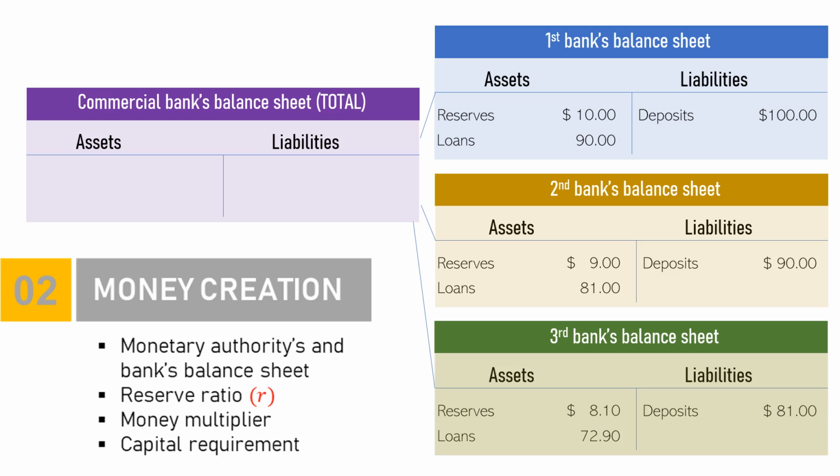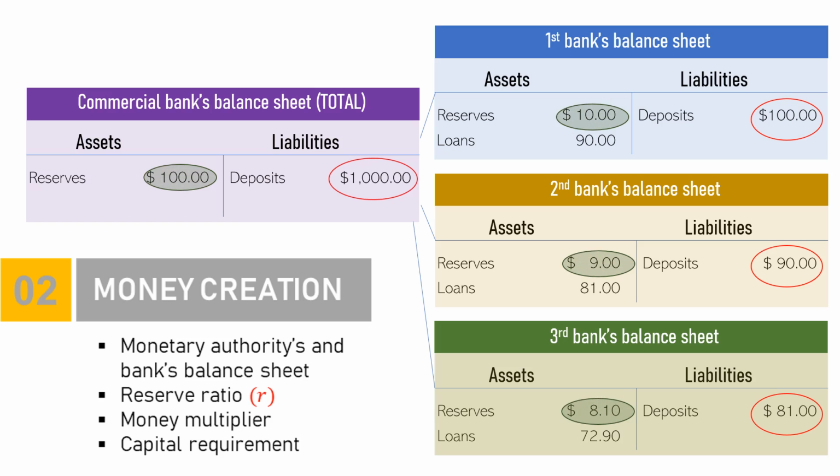With loans after loans, or with money creation process, the money supply, circled red, adds up to $1,000, while reserves, circled green, remain $100. This $100 is the total amount of reserve if all banks fulfill the reserve requirement policy at exactly 10% of their total deposits. The rest will be loaned out. Total $900 loans or 90% of total deposit.